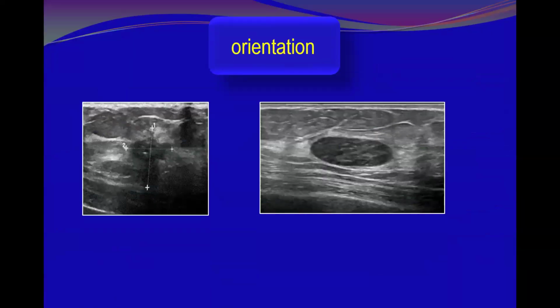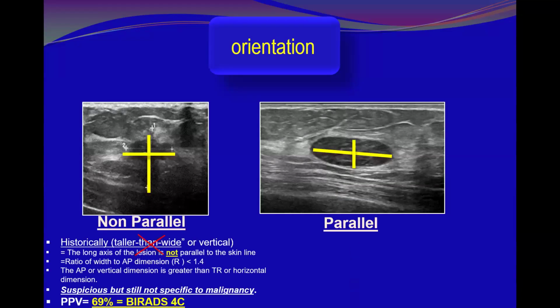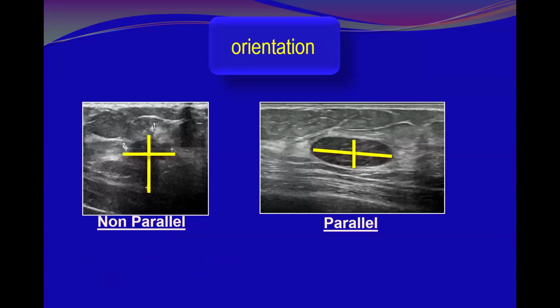Okay, talking more about the orientation. What is the orientation? Generally, we are looking for what? The first one is the long axis. This is the long axis of this mass, and this is the long axis of this mass.